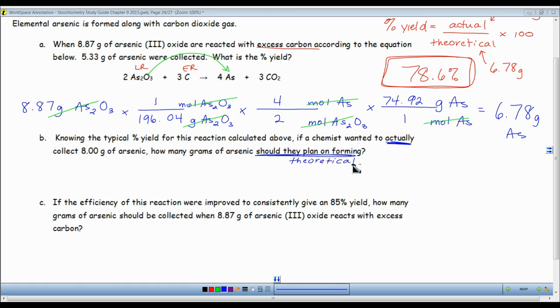That's the theoretical. Okay, so we're going to take the percent yield, but this time we can use it as a decimal, 0.786. I actually need 8 grams. We want to know how much should we plan on forming.